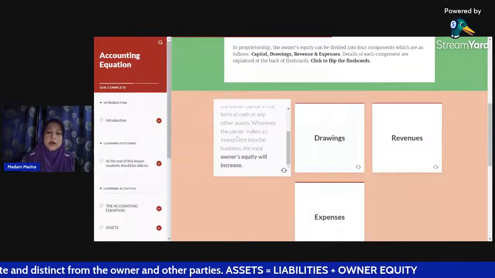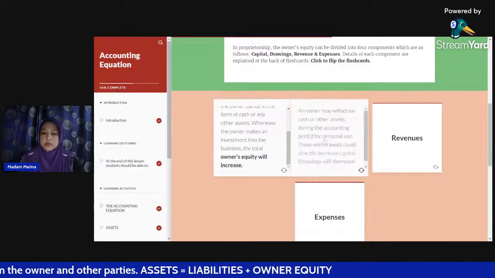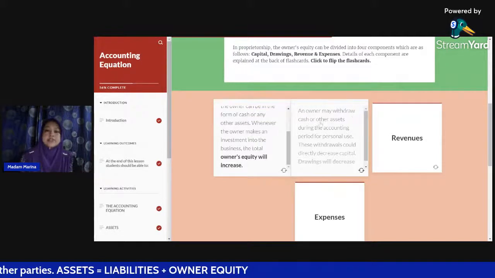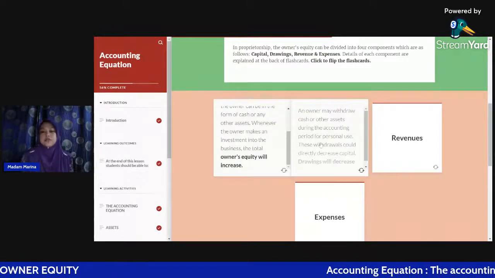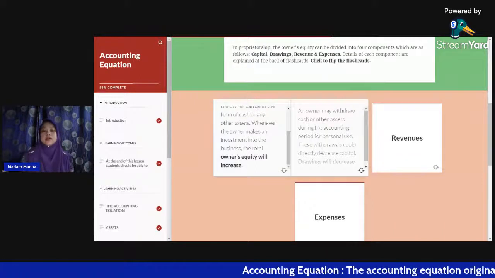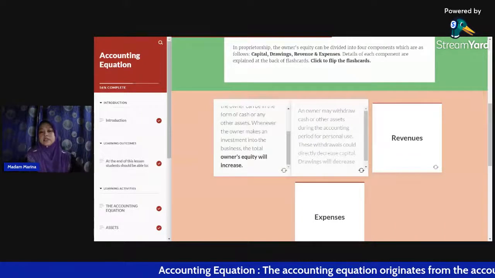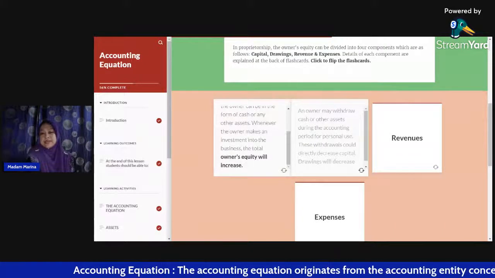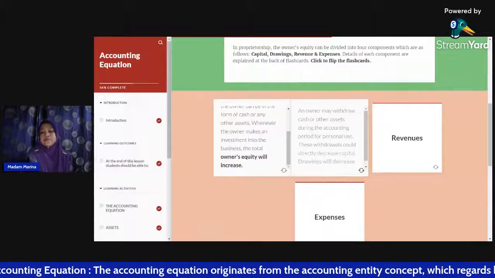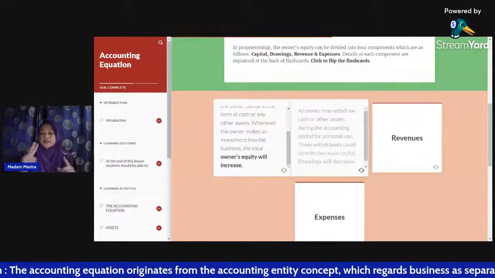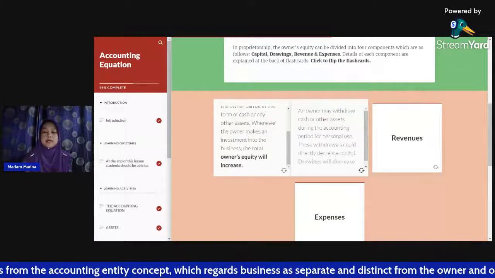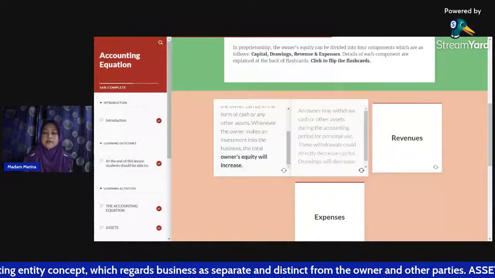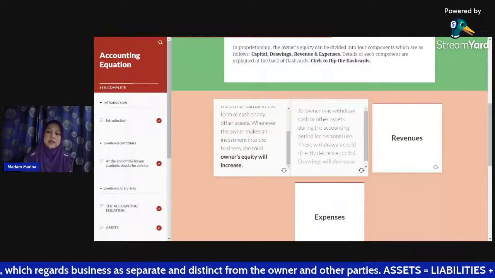How about drawings? What is drawing? The owner may withdraw cash or other assets during the accounting period for personal use. According to the separate entity concept, or business entity concept, the owner and the business are two separate entities. So the owner cannot just take cash, bank, or other assets of the business for personal use as they like.